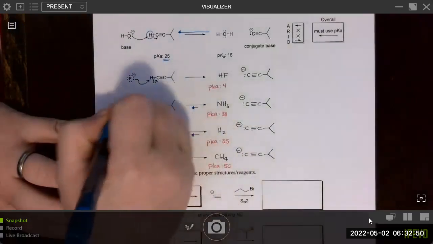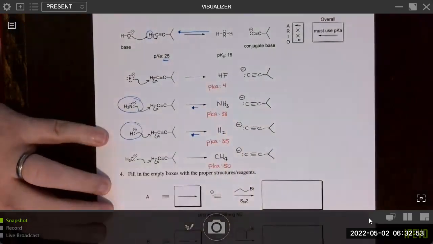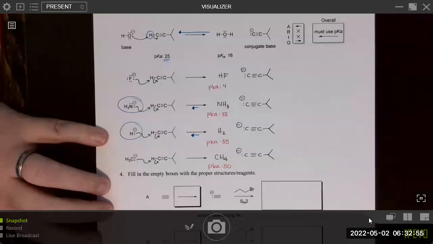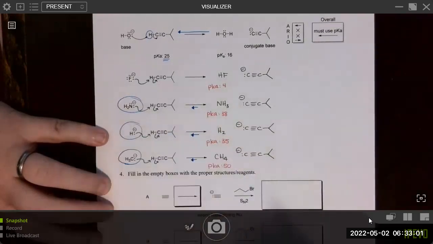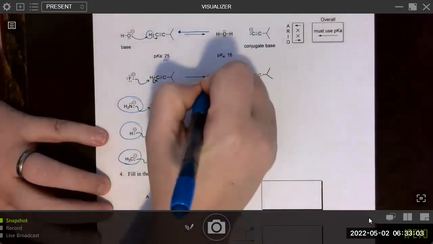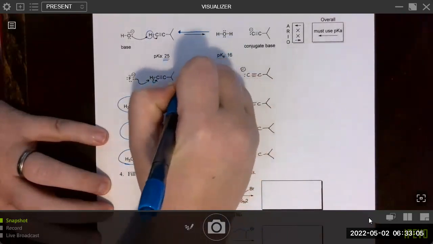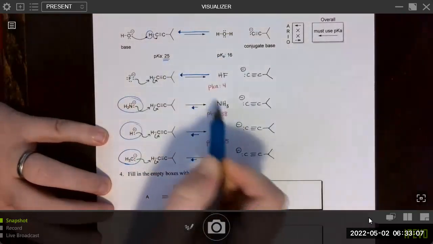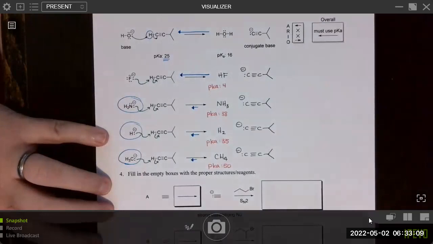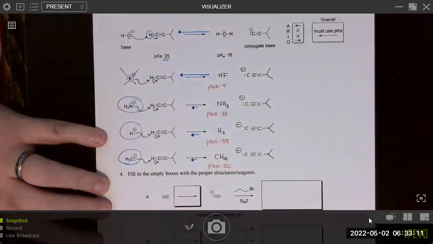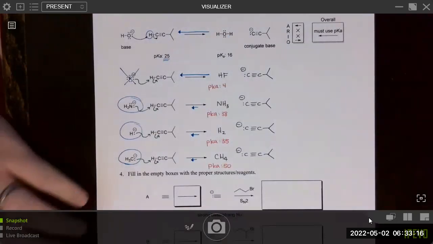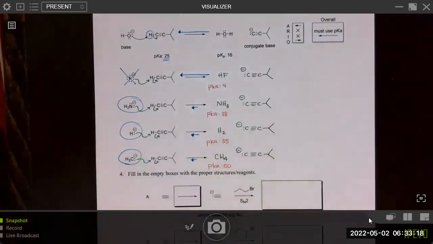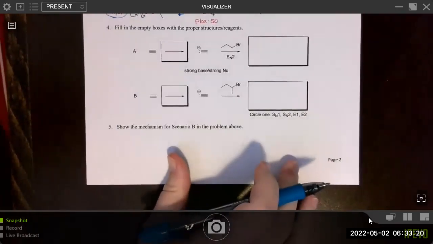So these are strong enough bases to deprotonate the terminal alkyne. So is this one, by the way, at 50, definitely strong enough. But for this one, the equilibrium will lie here. 4 is definitely a lower number than 25. This is not considered a strong enough base to deprotonate the alkyne. Right, so that is good to know.